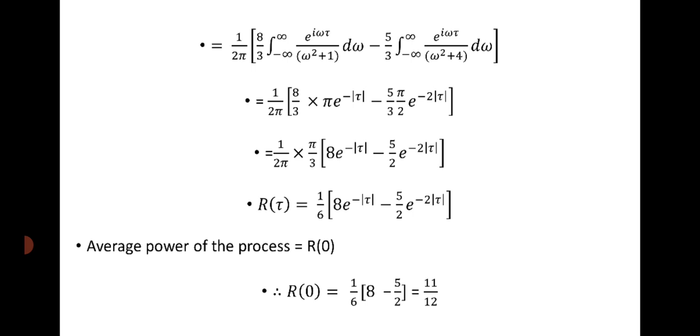If we substitute this formula, we'll get the answer pi into e power minus modulus of tau. Next value pi by 2 e power minus 2 into modulus of tau. And substitute the answer here. We'll get the answer as 1 by 6 into 8 into e power minus modulus of tau minus 5 by 2 e power minus 2 into modulus of tau.